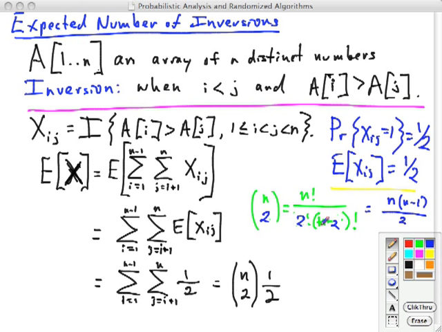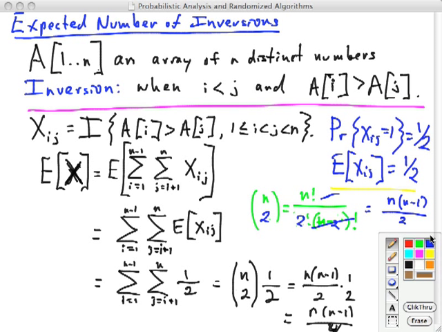So we've canceled out this term and the tail end of that term, leaving this here. So that means that this is equal to n times n minus 1 over 2 times 1/2, which is equal to n times n minus 1 over 4, falling off the bottom of the screen there.